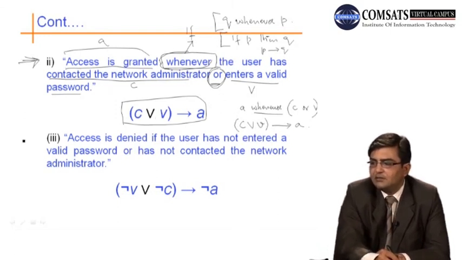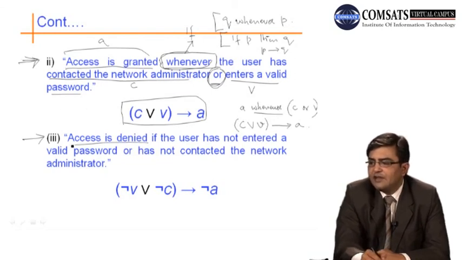Another example: access is denied. Access is denied is basically the negation of access is granted. So we have one proposition here which is the negation of A, not A, and we have the logical connective if here.